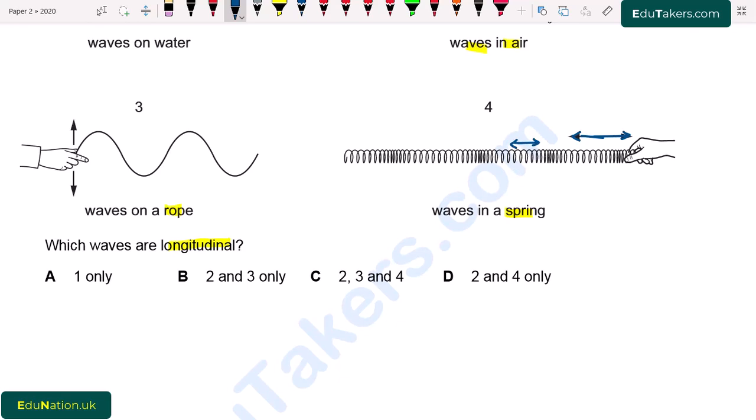So both of these are parallel, which means that the waves in the spring are longitudinal. We can see also 3, the waves on the rope, as we produce vibration up and down and the wave moves from left to right. Both of these are perpendicular to each other, so this is not longitudinal.